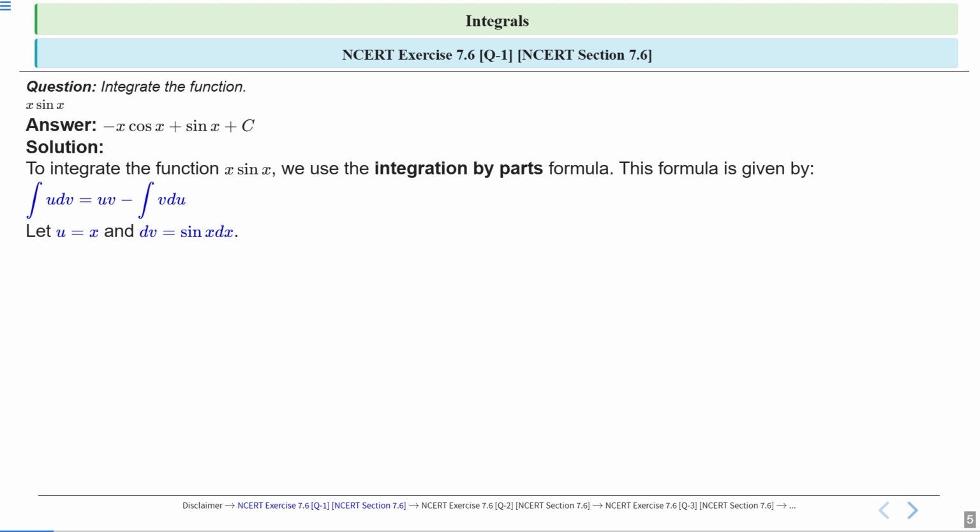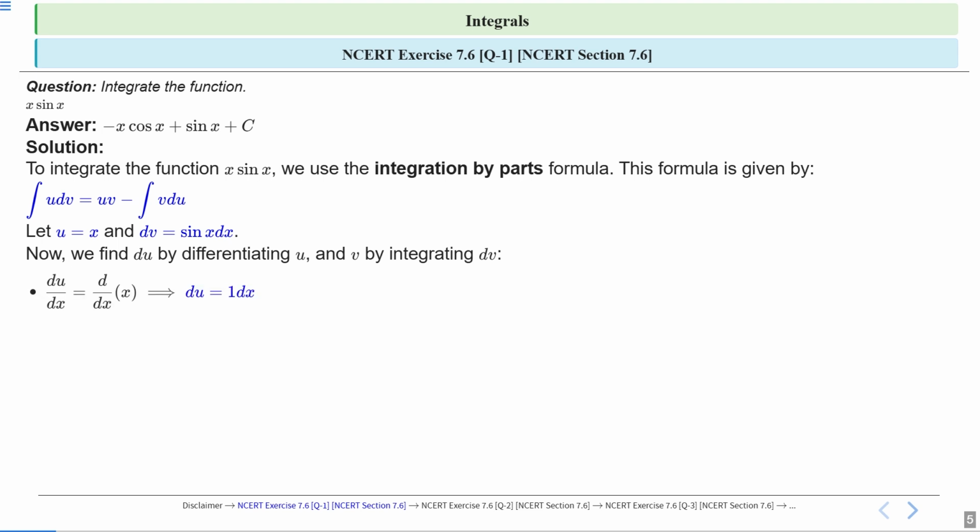Now we substitute the values of u and v. We have to find the value of v and also the value of du. To find v, we integrate dv, and to find du, we differentiate u with respect to x. When we differentiate u equal to x, we get dx by dx, that is 1.